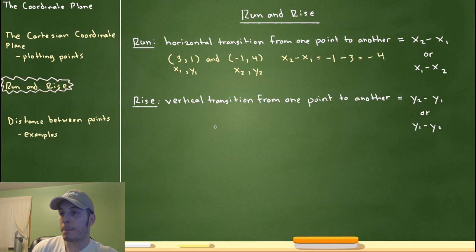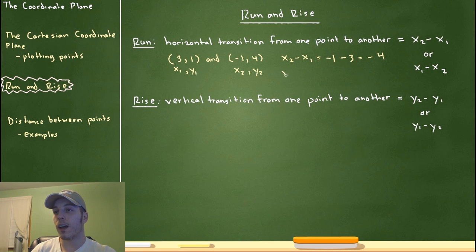So if we take a look at the rise, the rise is the vertical transition from one point to another. Okay, so for the run, it's horizontal transition, so the difference of the x values. With the rise, it's a vertical transition, so that's going to be the difference of the y values. Okay.